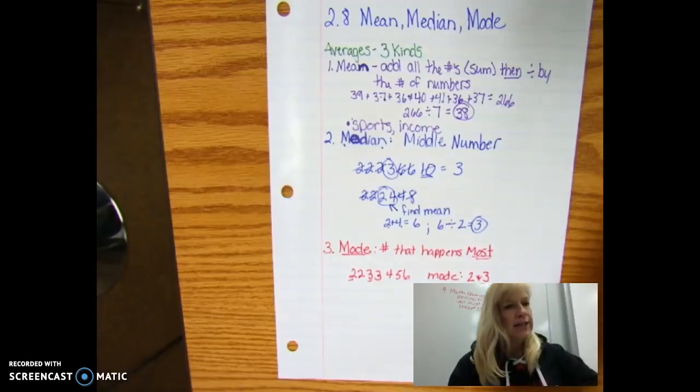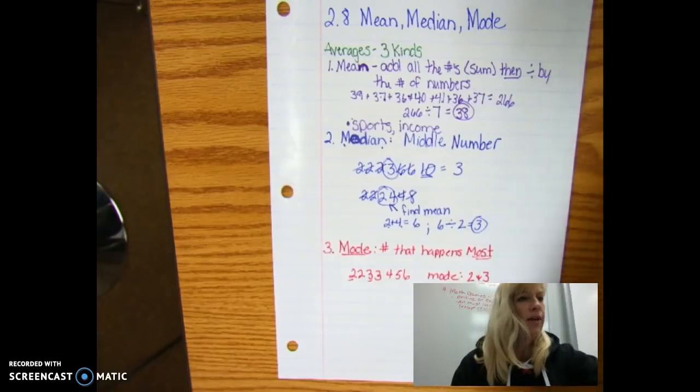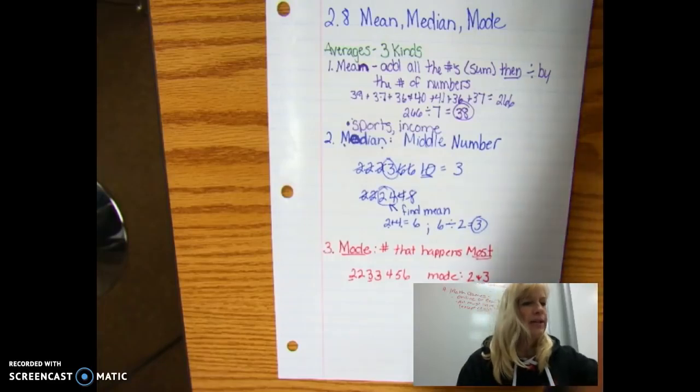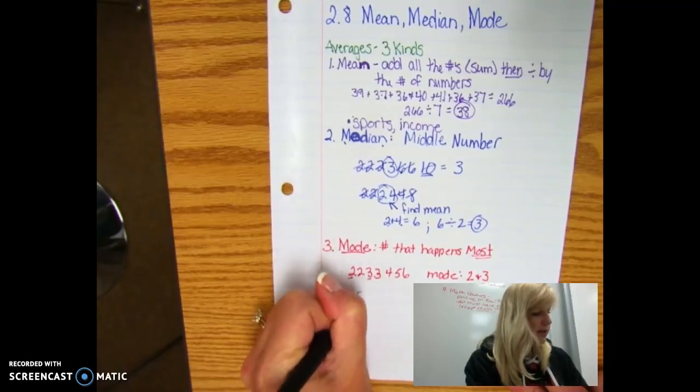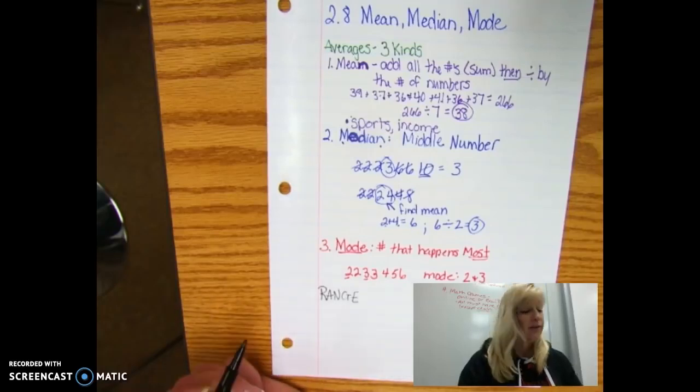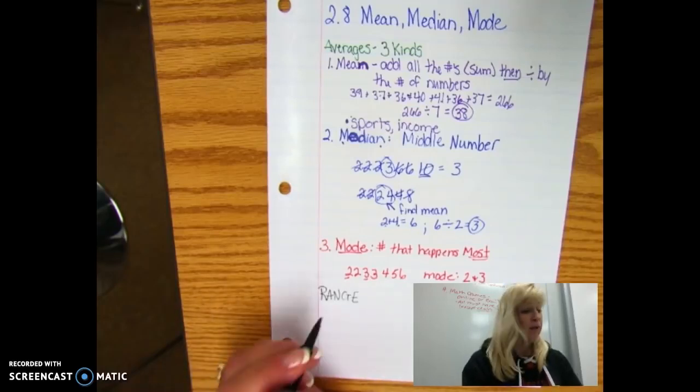The final concept that you will need to know for this is the idea of range. This will be on the quiz as well. You'll have a set of numbers. You'll need to find the mean, median, mode, and range.